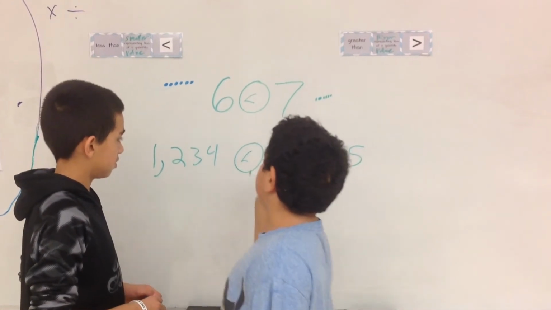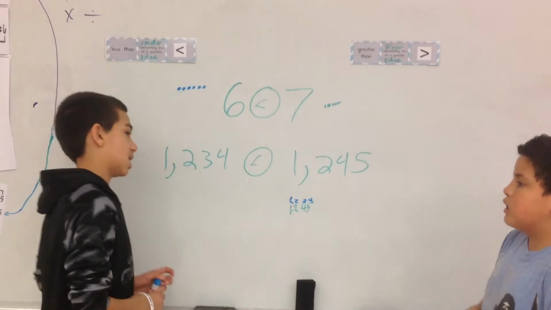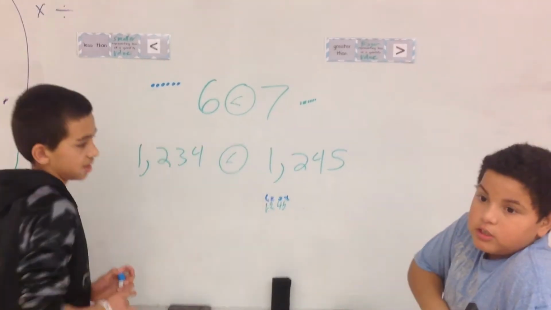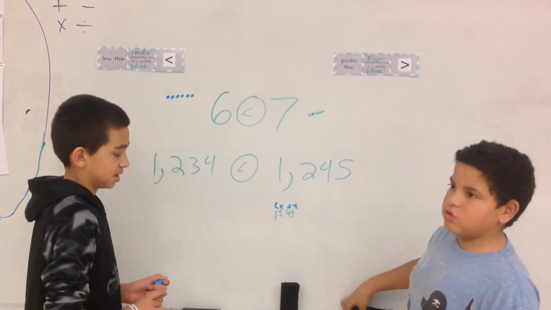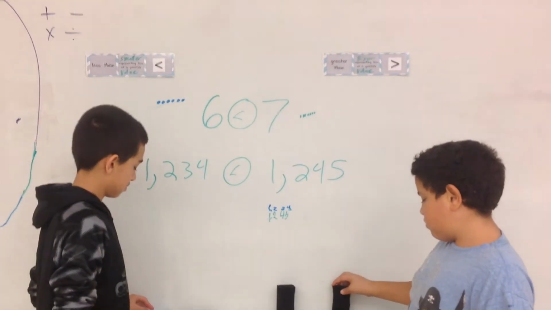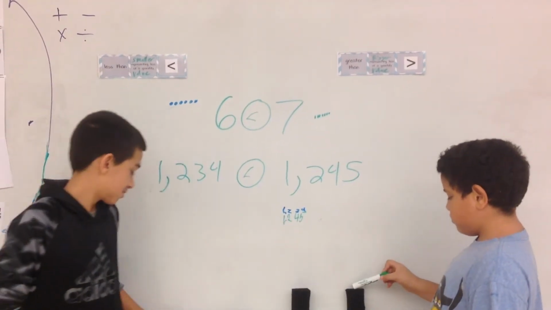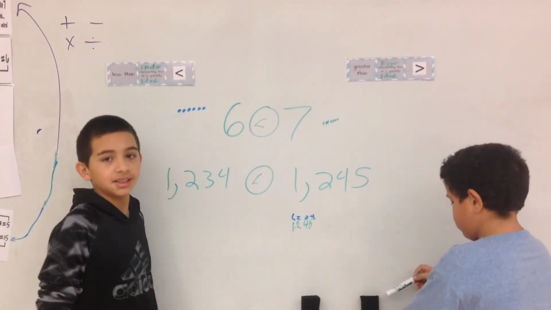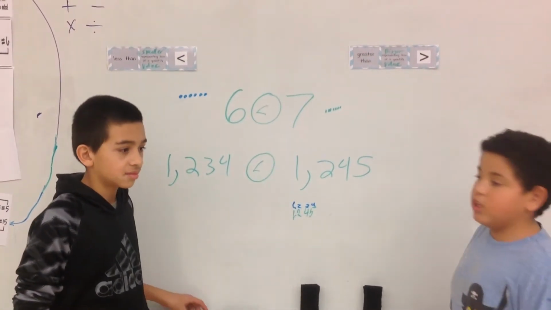Does it matter that there's a 5 in the ones place and a 4 in the other ones place? Or does it just matter the higher place value? It matters the higher place value. So it doesn't matter that 1,245 has a 5 in the ones place, because we already determined in the tens place that 1,245 is greater. Yeah. Got it.